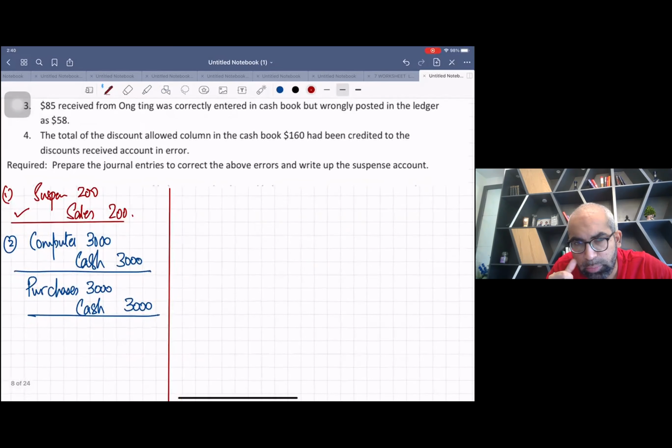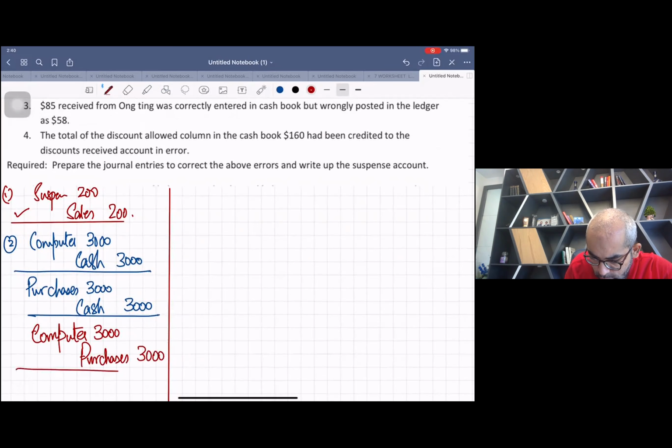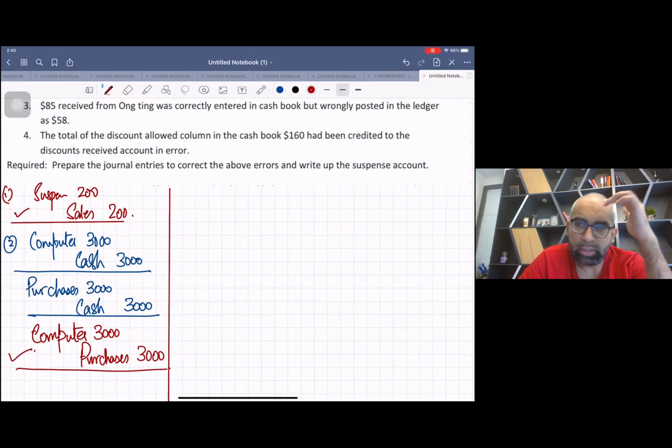The third entry should be debit computer 3,000 and credit purchases 3,000. Right?